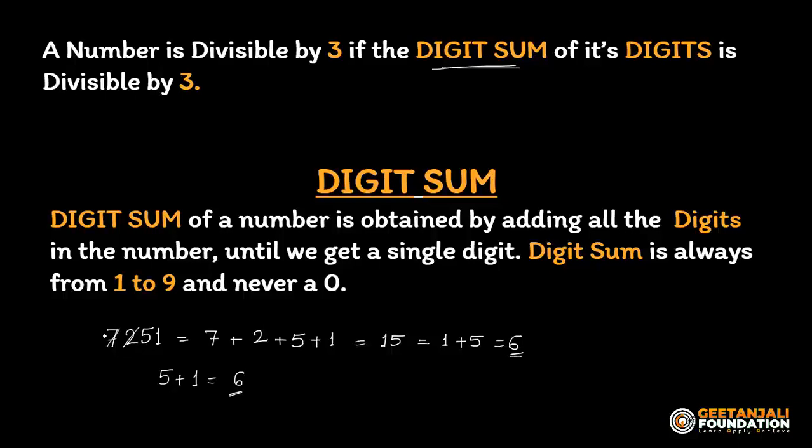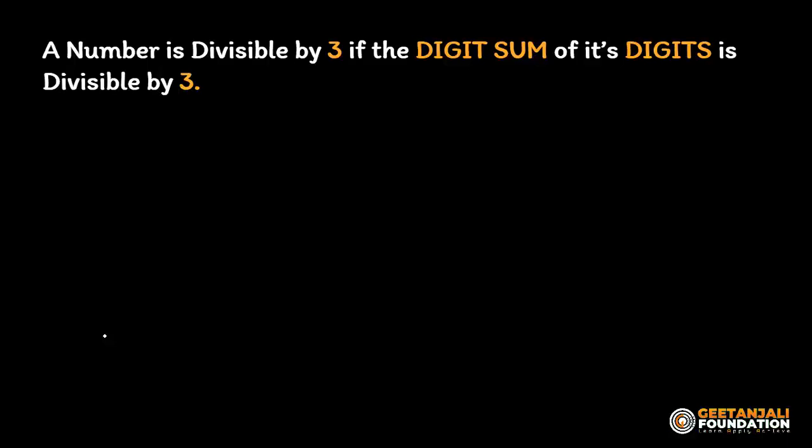Now let's move to the divisibility rule for 3. Let's take one example. Here the number is 327. So we have to check its divisibility by 3. First of all, we take the digit sum of the digits 3, 2 and 7. So we add them and our sum is 3 plus 2 is 5, plus 7 is equal to 12. This is a 2-digit number.